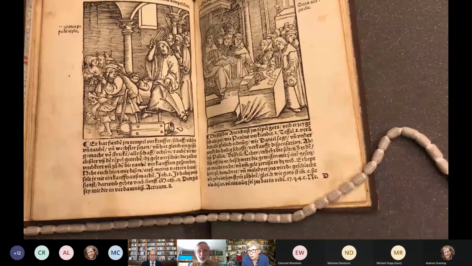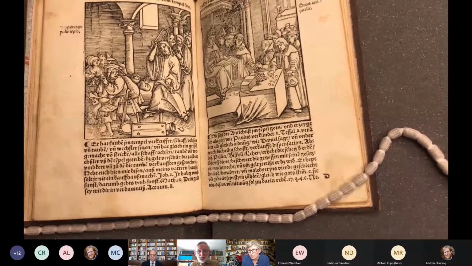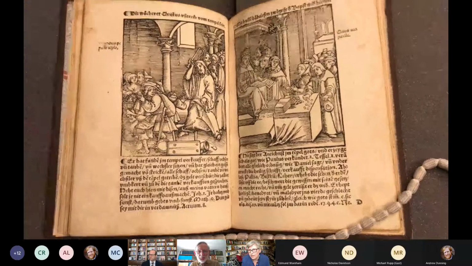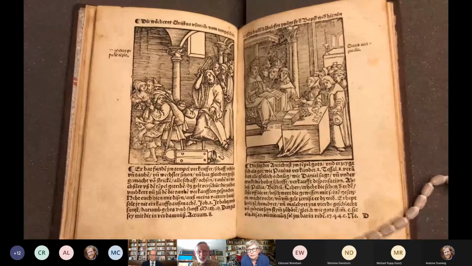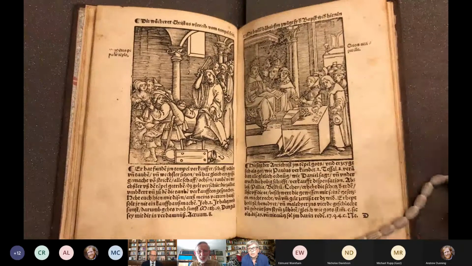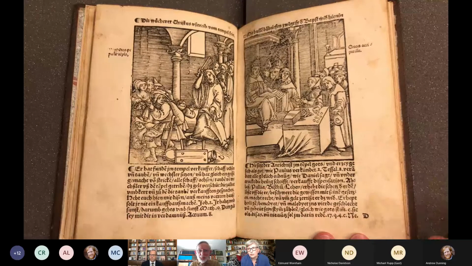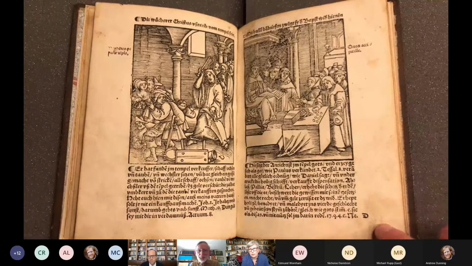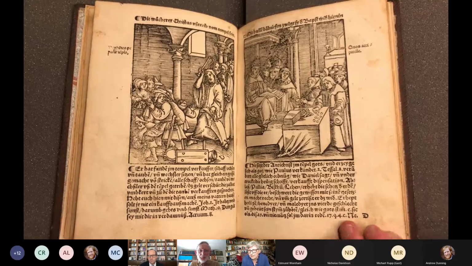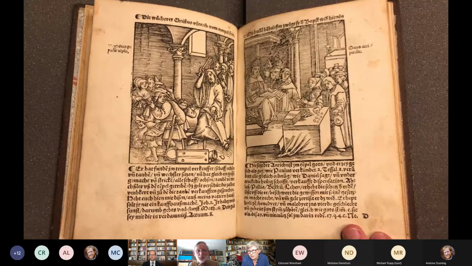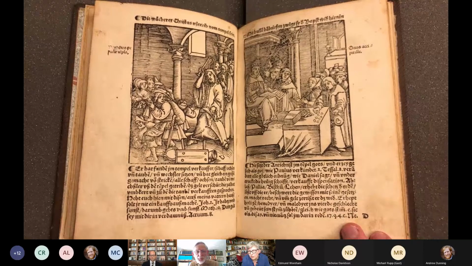And above the two woodcuts, you have the running title talking about "Die Woche Christus Austrieb vom Tempel sein." So Christ drives out the moneylenders from the temple.